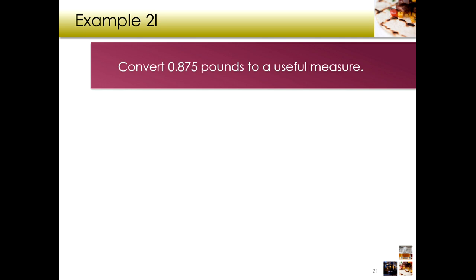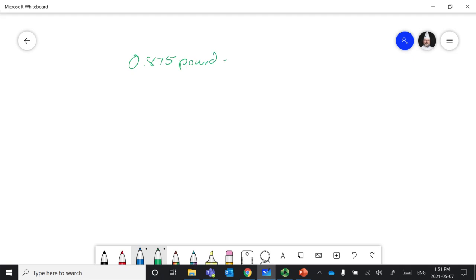So, as an example, we have 0.875 pounds, and we want to get it to a useful measure. In this case, we're going to be looking for ounces, right? Because we can measure ounces as a whole number easier than we can measure 0.875. Depending on how many decimal places our scale goes to, it may be difficult to get to 0.875, but I guarantee every scale you've got is going to measure to a whole ounce, right?